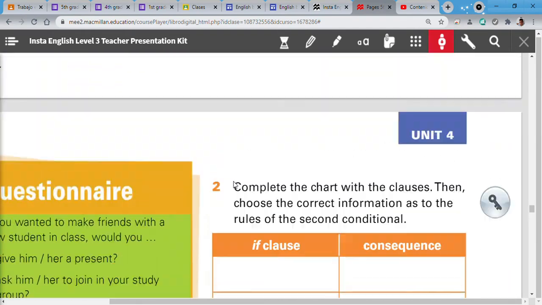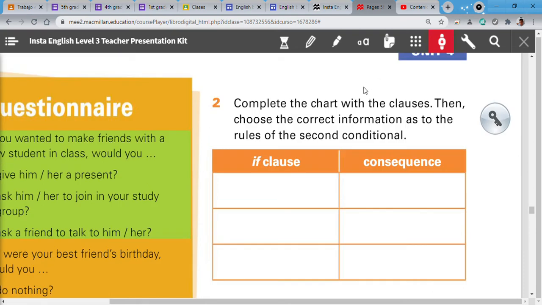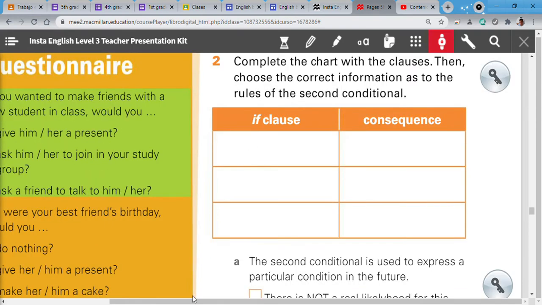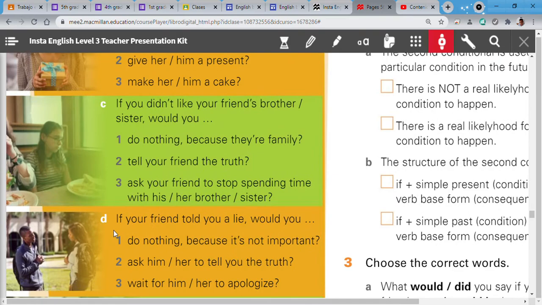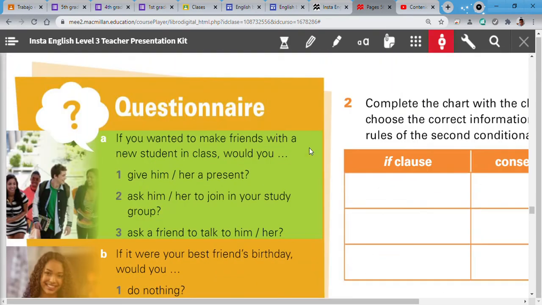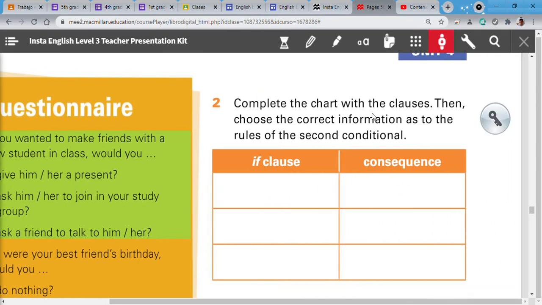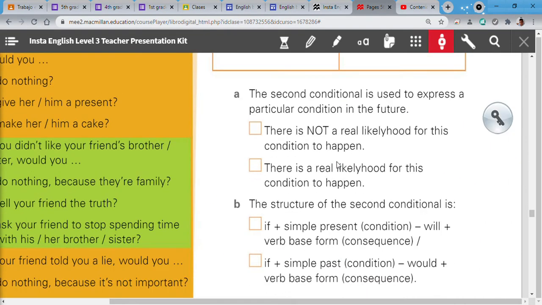Now let's see. For example, see here, it says complete a chart with the clauses. Then choose the correct information according to the rules on the second one. So what do you have to do here? Let's complete the chart with this information. Now let's see.